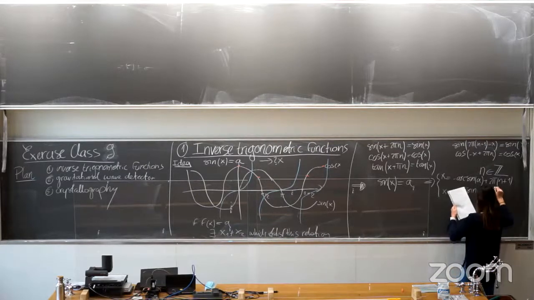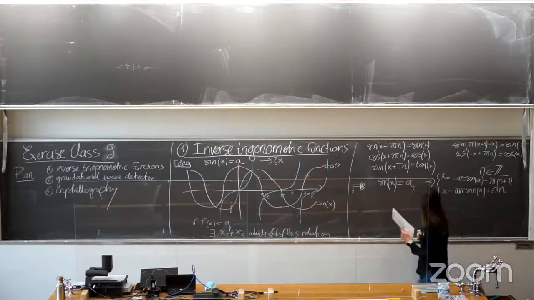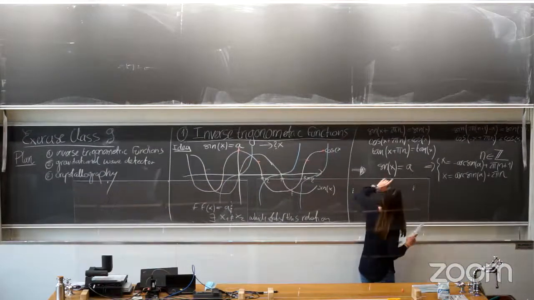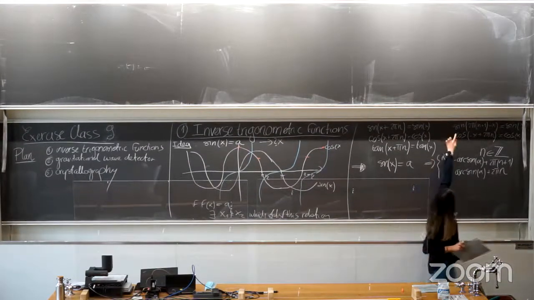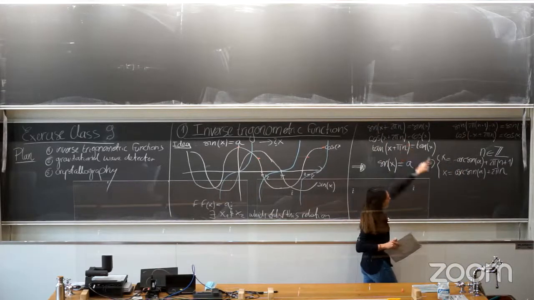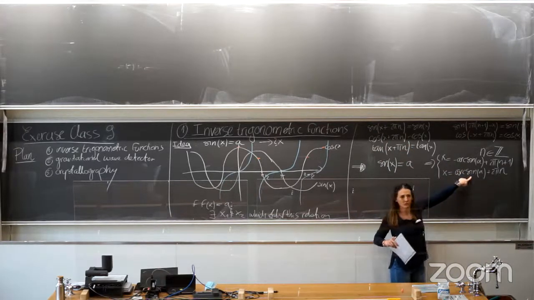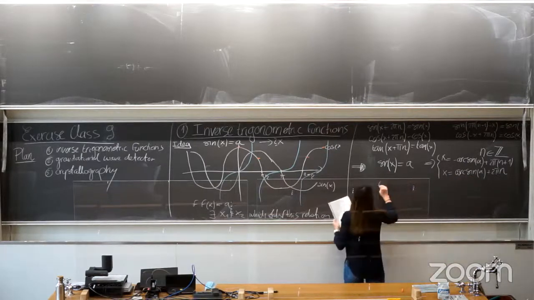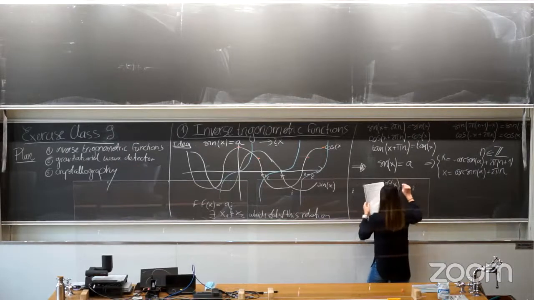So these correspond to this relation, and these correspond to this relation. And arcsine, arccosinus, you all know what I mean? Great. And then we have the same for cos x equal a.